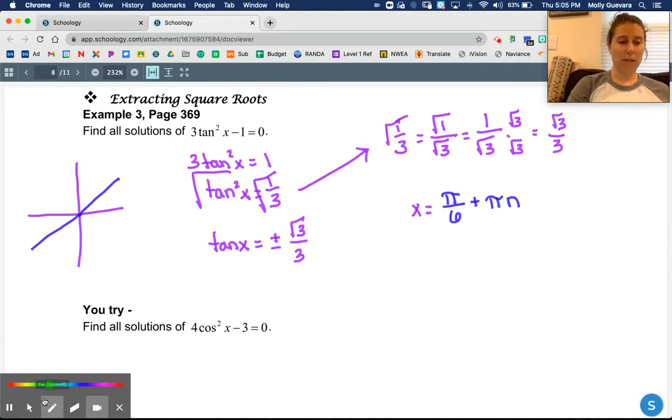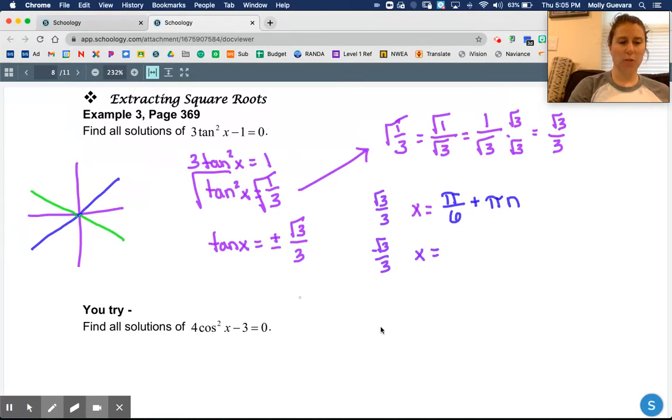Okay, so hopefully that makes sense why I was able to do that. The other one then is negative root 3. Maybe I'll do it this way. This was positive root 3 over 3. This is negative root 3 over 3. And x equals, there we go. Okay, so negative root 3 over 3 is going to be here in quadrant 2 and here in quadrant 4.